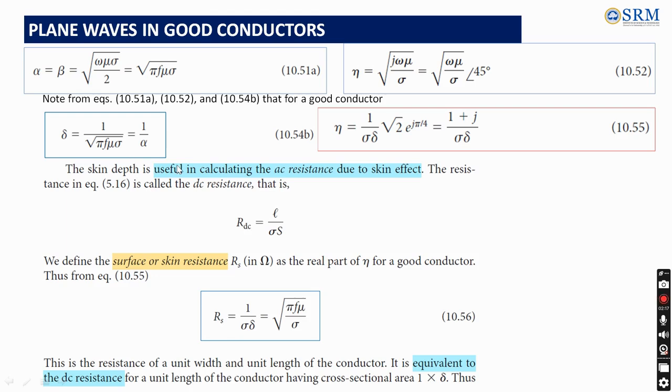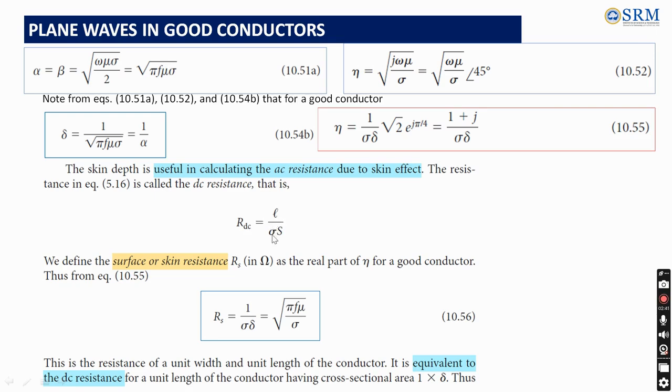The skin depth is used to calculate the AC resistance due to the skin effect. Because of the skin effect, that is the AC resistance. For that, the skin depth is useful. So the DC resistance is given by, we already know DC resistance, it is rho L by A, where rho is the resistivity.